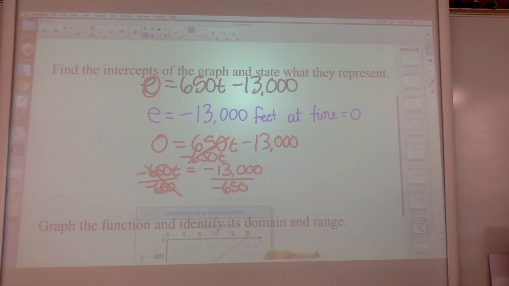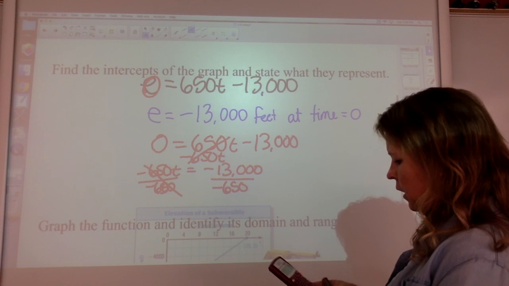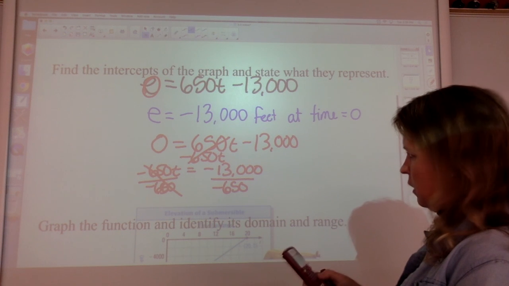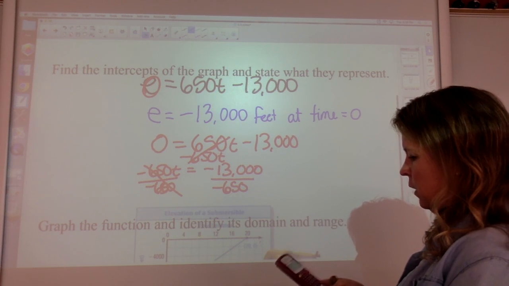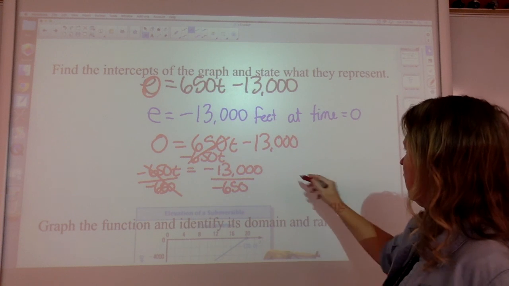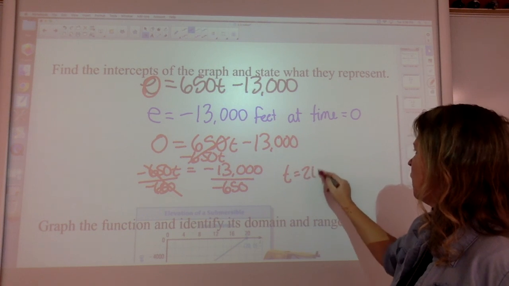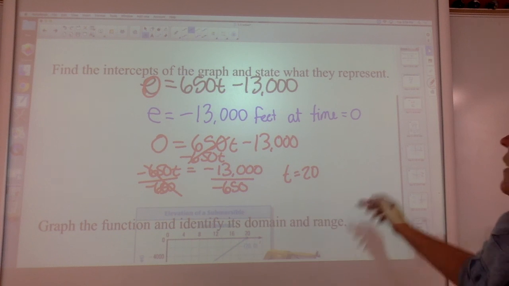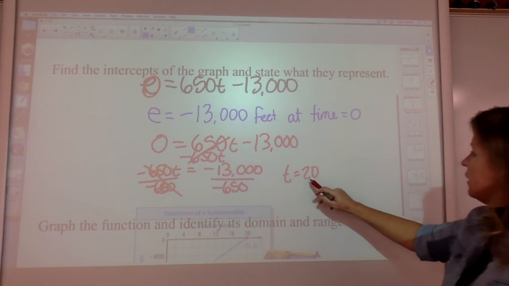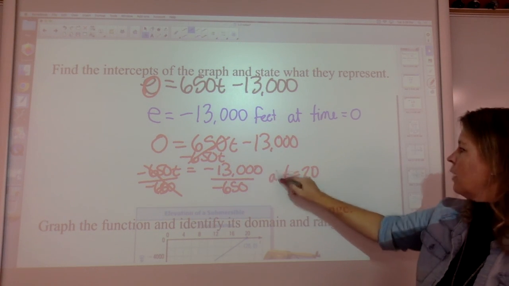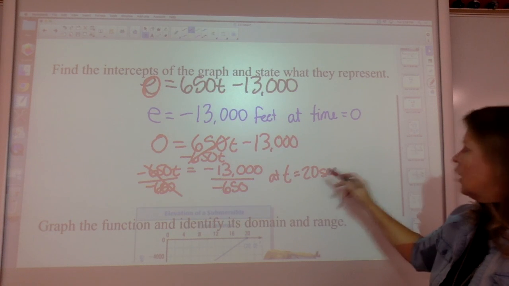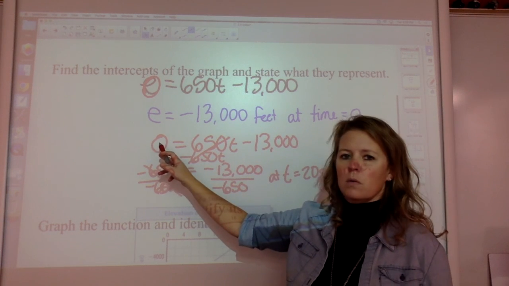I bet you it's like 20. Negative 13,000. You can do it in your head if you want, but then always check it. Time equals 20. But it says, state what they represent. So at time equals 20 seconds, our elevation is 0.